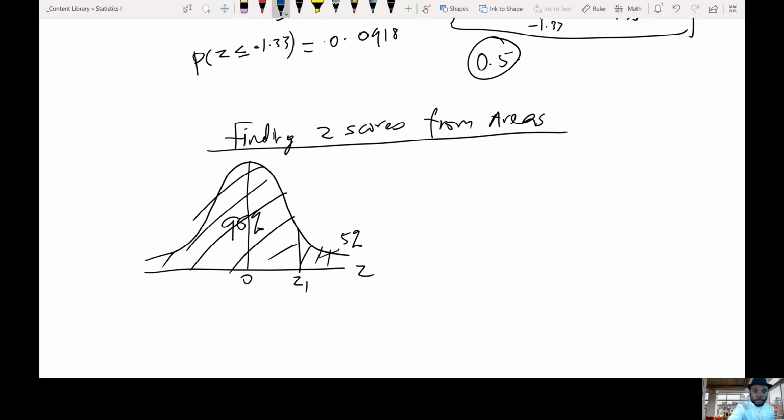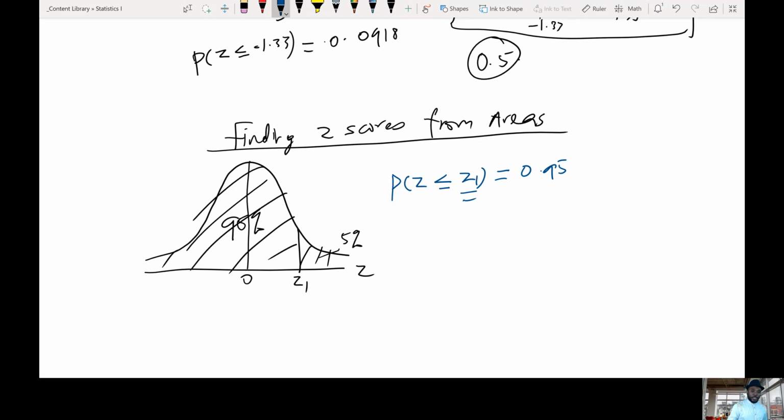Again, the probability in which z is less than or equal to z1 equals 0.95. So what is z1? How do we determine z1?